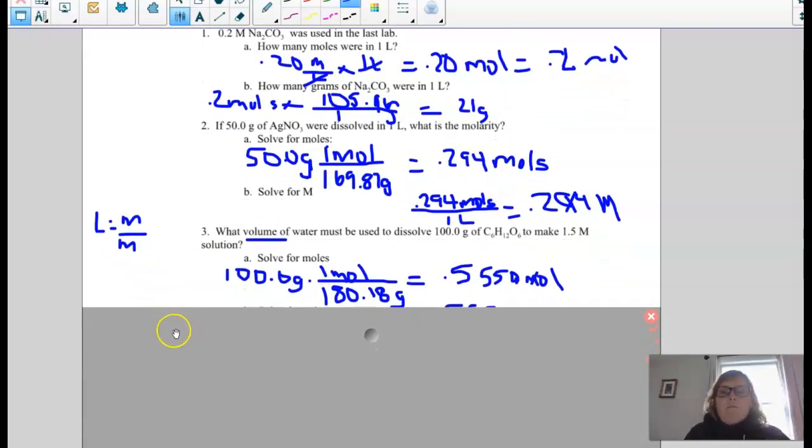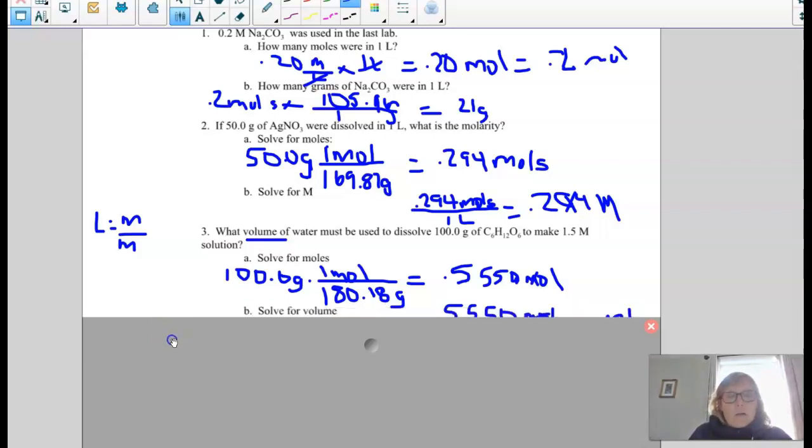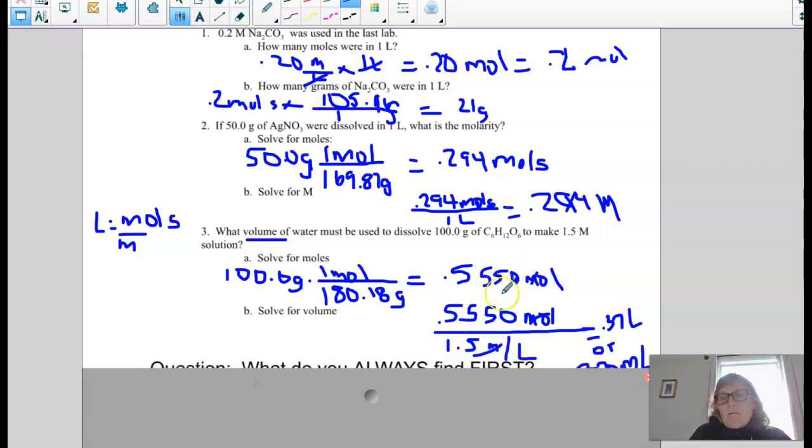Now, once you have moles, you can solve for liters. Take the moles and divide by molarity, so 0.5550 moles divided by 1.5 molarity, or moles per liter. I did it this way so you could see how moles cancels out.